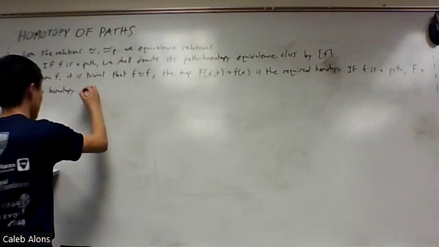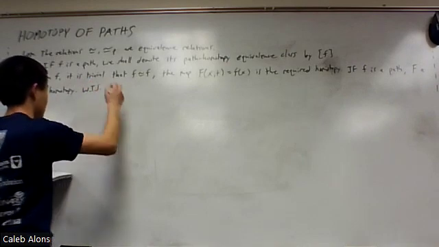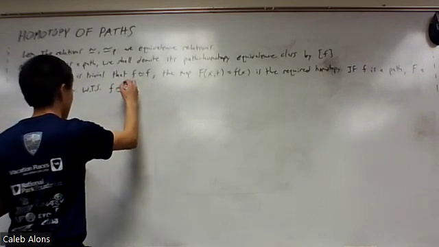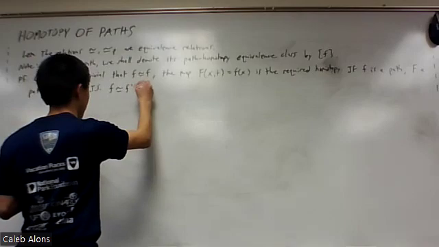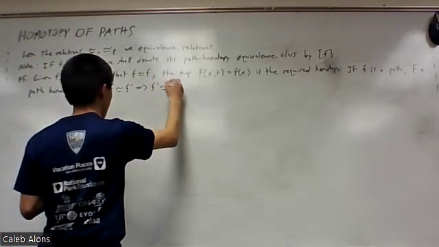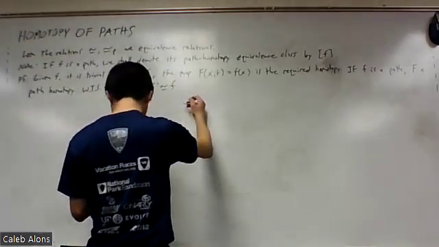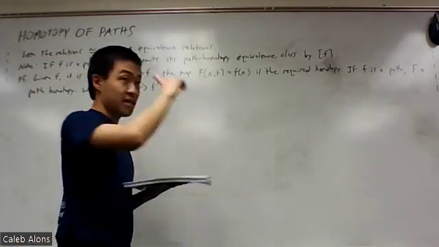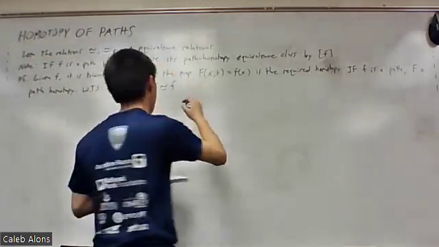And so we want to show, of course, a good review of equivalence relations here, that f being homotopic to f prime implies that f prime is homotopic to f. And this goes, we later define this as the inverse element for the groupoid.